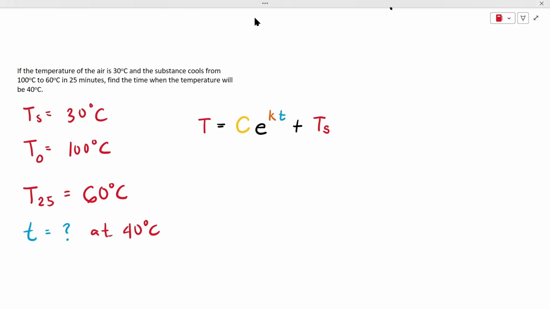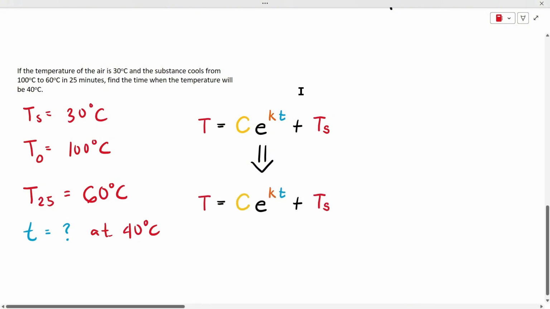We simply substitute the value of our surrounding temperature, so this will become the new equation. Now let's use this to find the value of the arbitrary constant C.